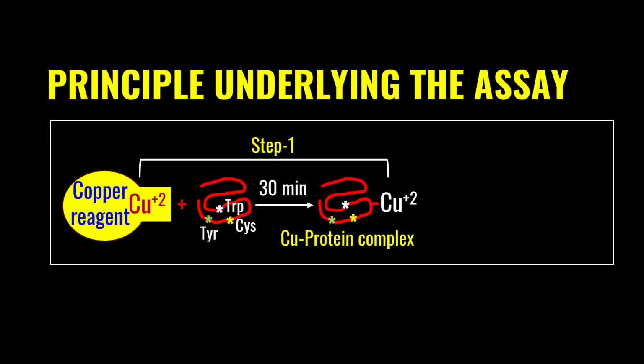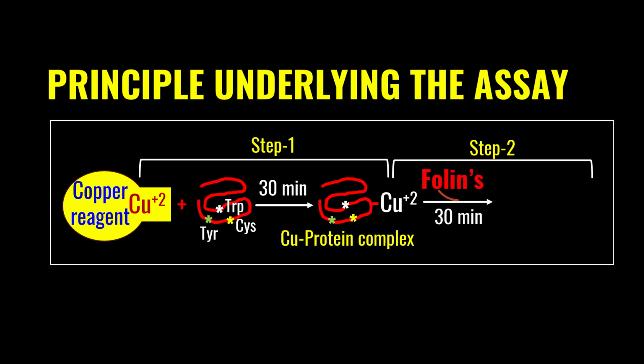In the second step, the copper protein complex is treated with Folin reagent, which is a strong oxidizing agent, and these amino acid side chains reduce the Folin reagent to a blue color chromogen. This color intensity is directly proportional to the amount of protein present in the sample. Therefore, it is quantitative, and this intensity is read at 750 nanometer using a spectrophotometer or colorimeter.